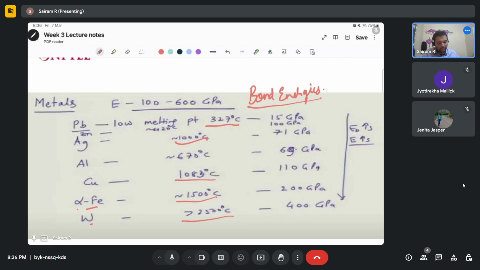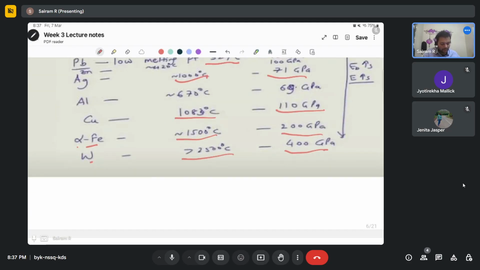All these have melting points higher than 1000 degrees, and subsequently they have much higher corresponding values of Young's modulus as well. So with increasing bond energy, we'll definitely see an increasing trend of Young's modulus as well.